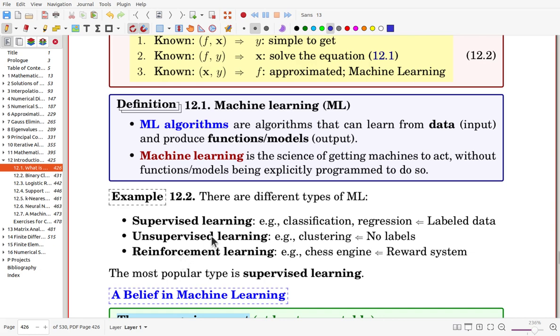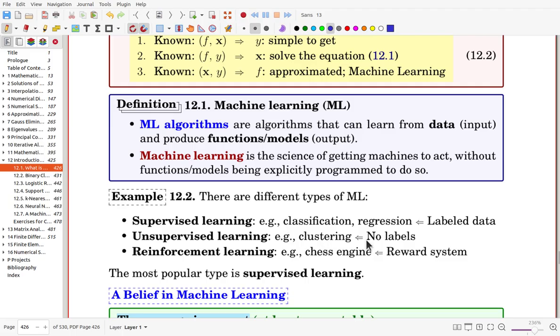Supervised learning is along with labeled data. Usually x is a data point, y is the label. And along with x and y, we may try to get the function for classification.